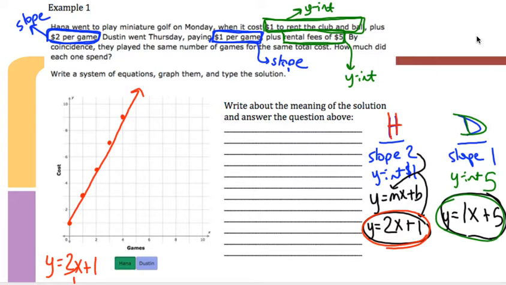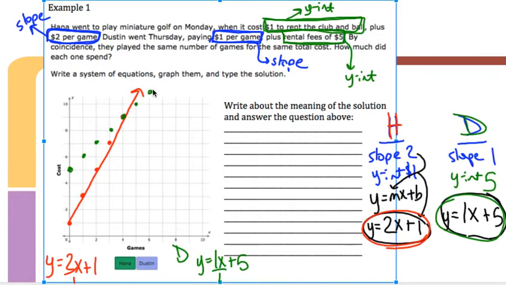Now if I look at Dustin's slope, his equation was y equals 1x plus 5. So I'm going to start at positive 5, and my slope is 1, so that's 1 over 1. So up 1 to the right 1, repeating.